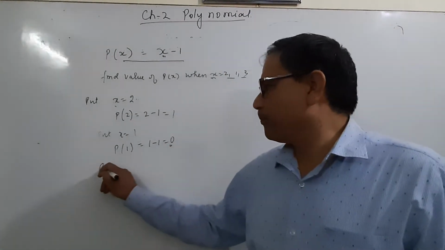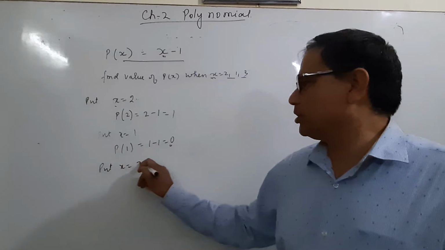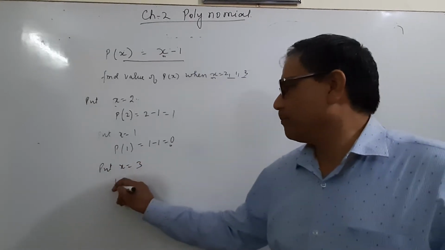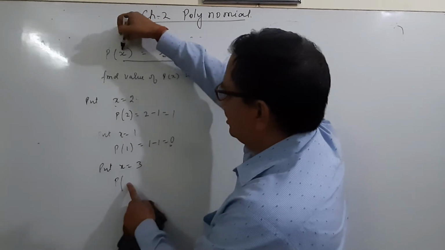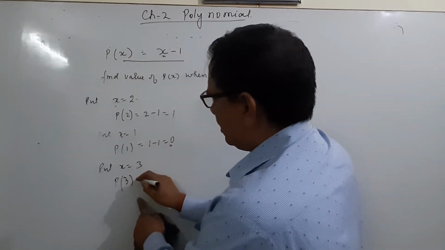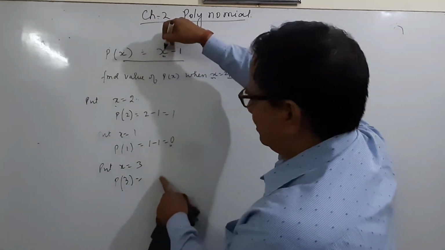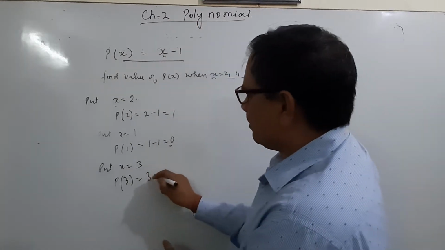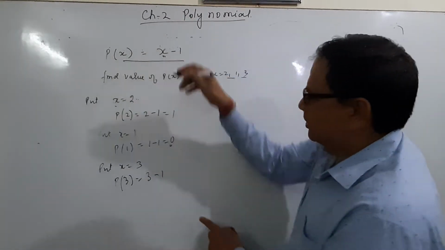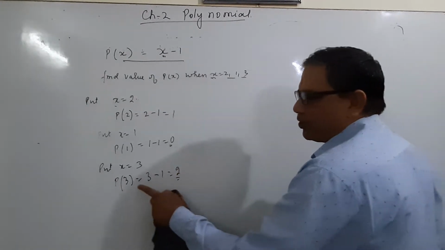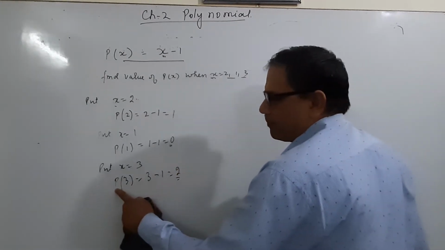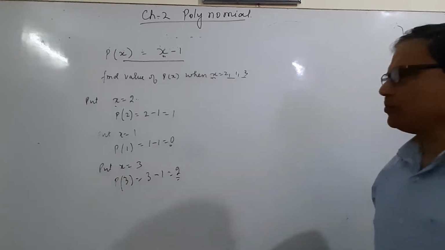And when we put x equal to 3, then P(3) is equal to 3 minus 1, which equals 2. It means 2 is the value of the polynomial when x equals 3.